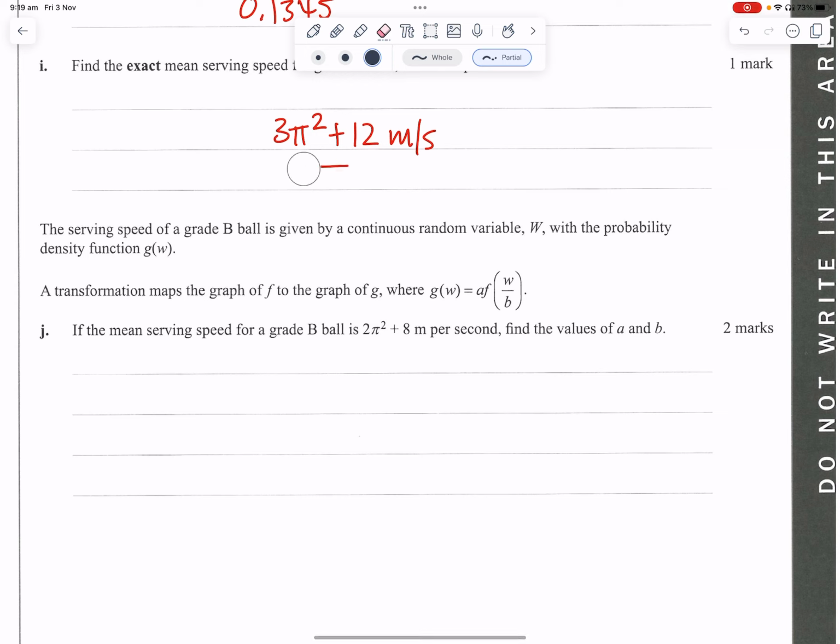So to get from that to that, if you multiply it by 2/3, you get that.